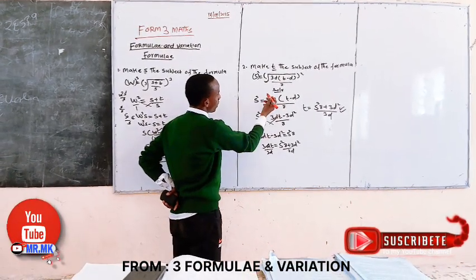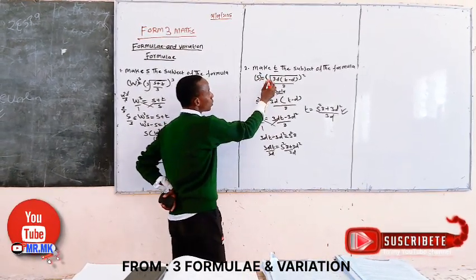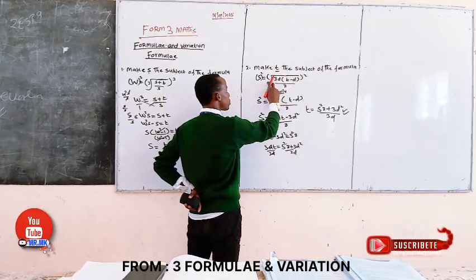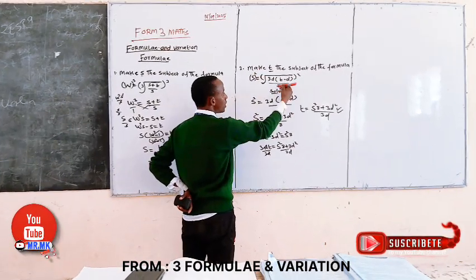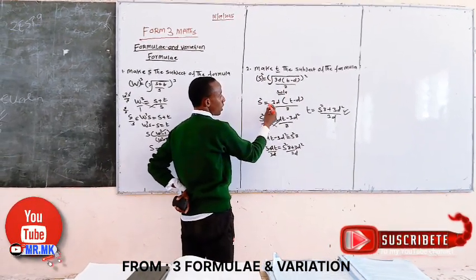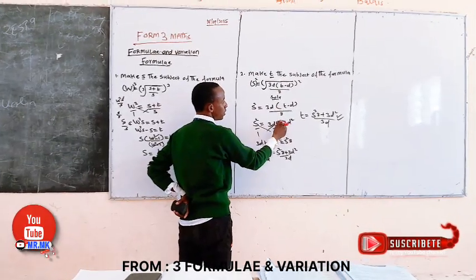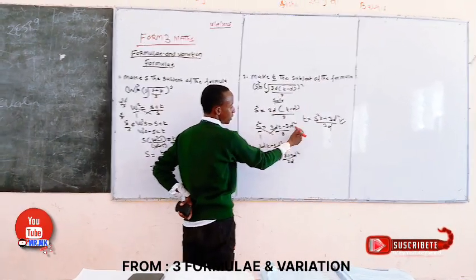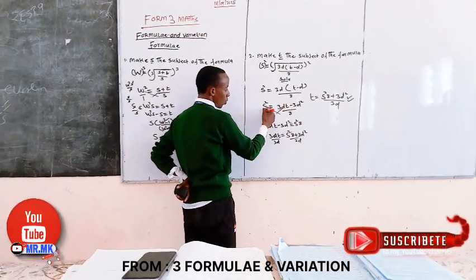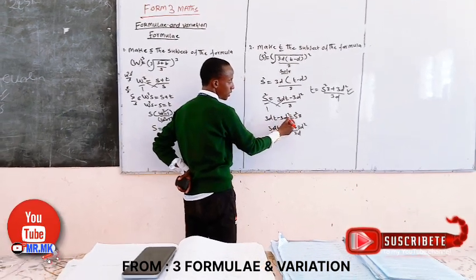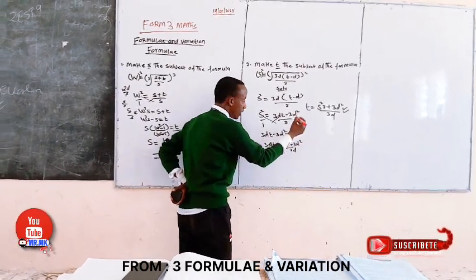Let's repeat once again. To remove this square root, that is why we are squaring it. You square that s, 3d times t is 3dt, 3d times d will be 3d square. After that, you cross multiply: 3dt minus 3d square is equal to s square 8.